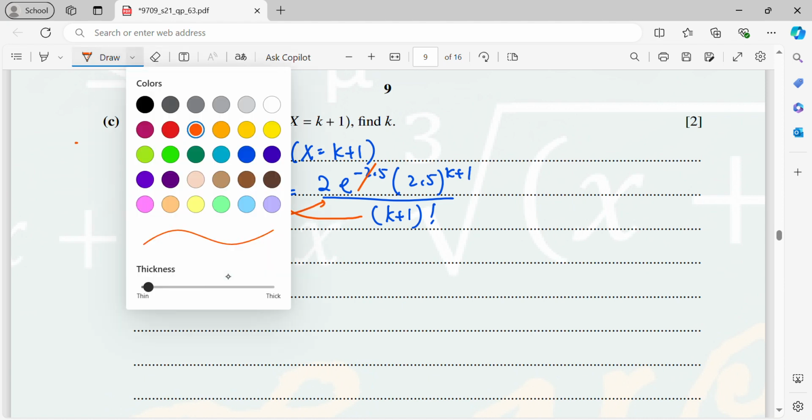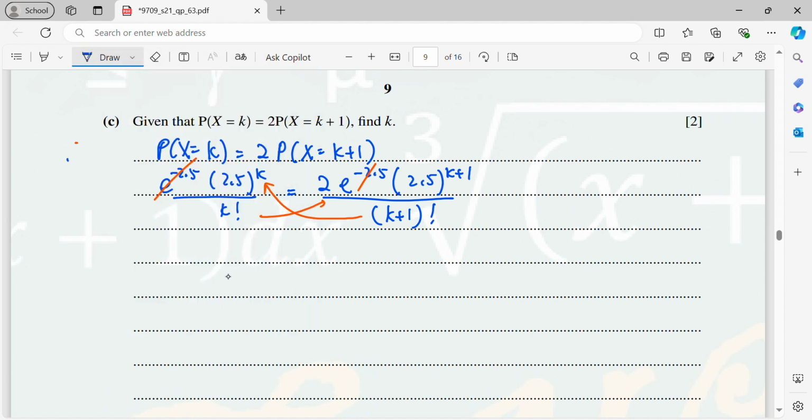Then you will be getting... I will keep the factorial on one side. Okay, wait, I don't want to use cross multiplication.